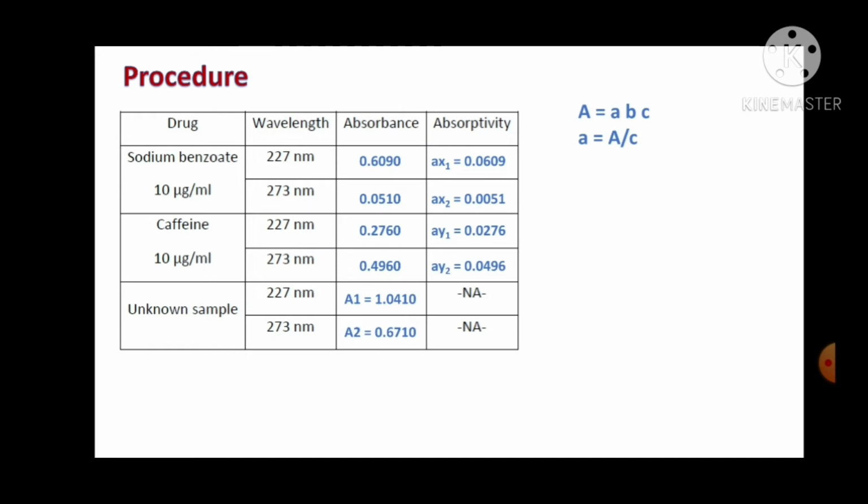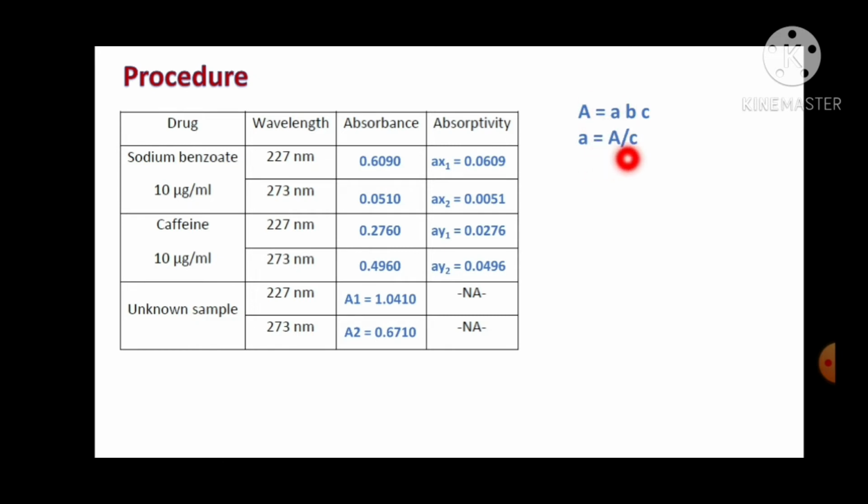These absorptivity values arrive with the help of Beer-Lambert's law, which is A = abc, where capital A is the absorbance, small a is the absorptivity, b is the path length, and c is the concentration. For the standard we know c, that is 10 microgram per ml, b is the cuvette length, that is 1 centimeter, and we get the absorbance here, so we can easily find the absorptivity.